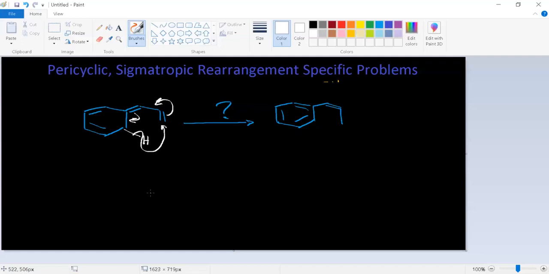And that would get us to the product, and so now we have to just figure out what conditions allow us to do this. And so remembering that thermal conditions generally implies an odd number of pairs of electrons in sigmatropic rearrangements, and photochemical rearrangements happen with an even number of pairs of electrons, generally, in sigmatropic rearrangements.